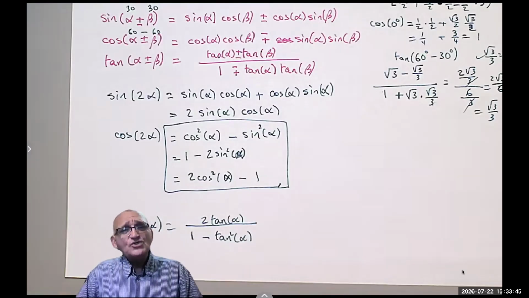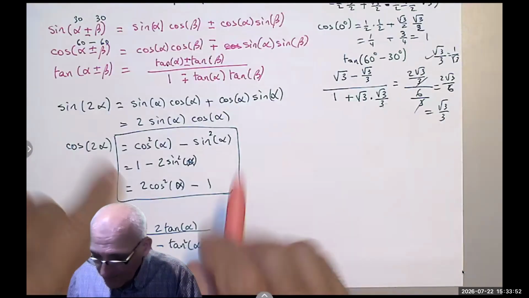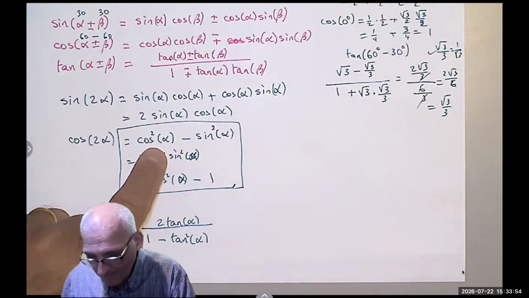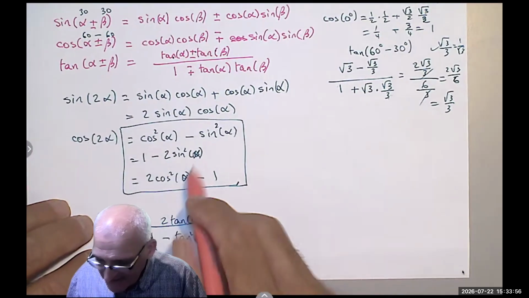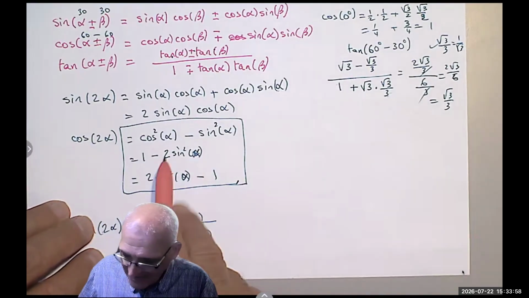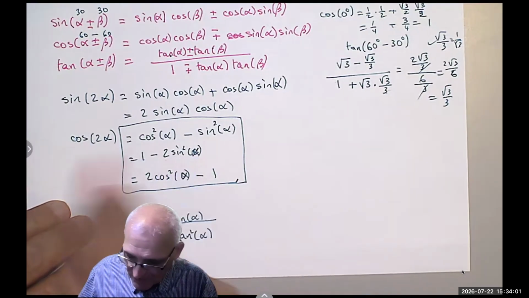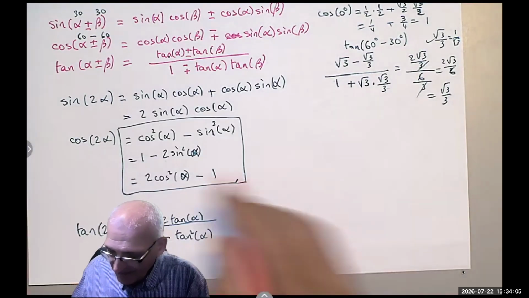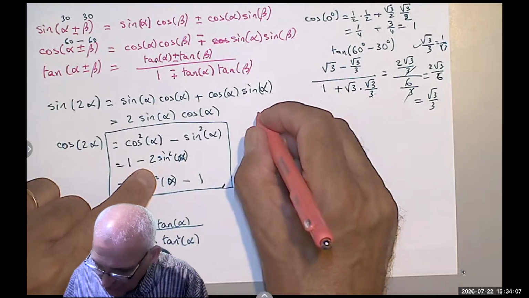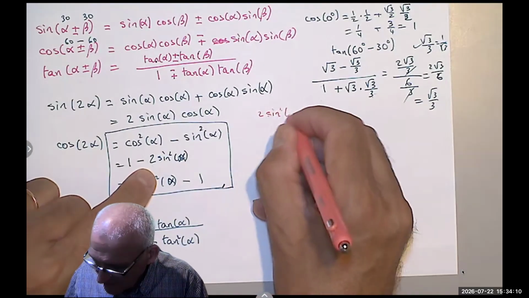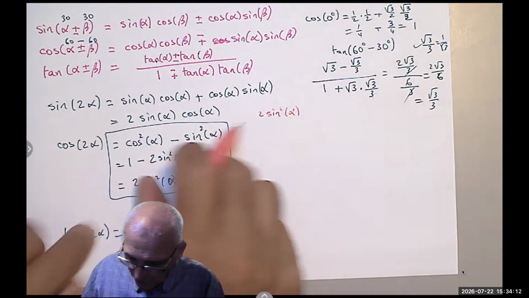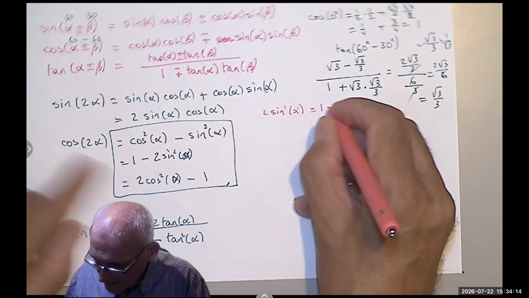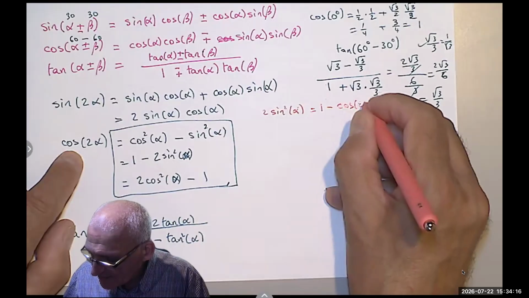I can also use the half angle formula. Do you see that from this equation? From this equation, I see that if I add 2 sine square alpha to both sides, and then subtract cosine 2 alpha from both sides, I will get 2 sine square alpha, when I move it to the left, equals 1 minus cosine 2 alpha.